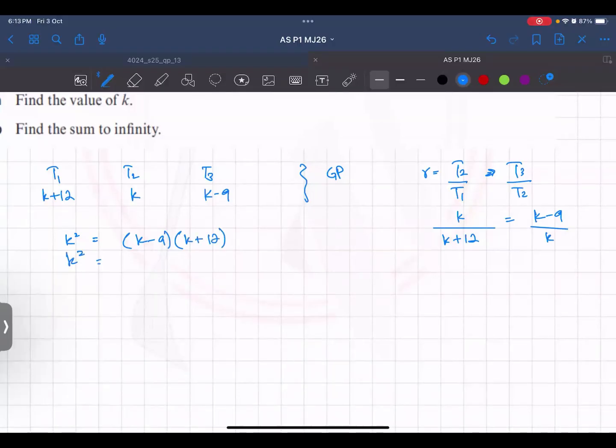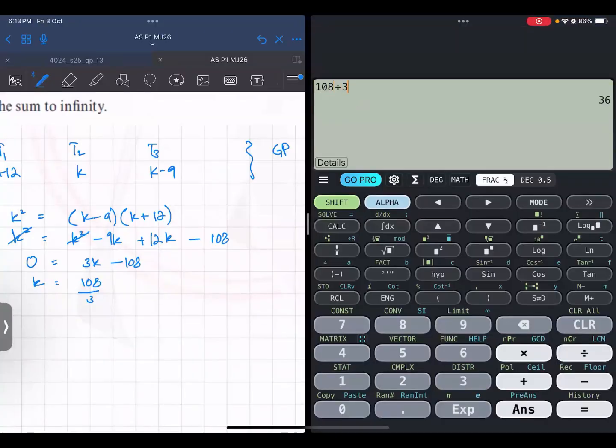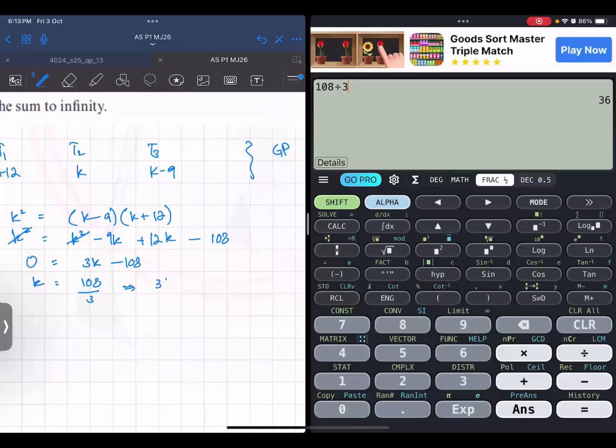Now I expand this: k squared minus 9k plus 12k minus 108. Now k squared cancels out, giving 3k minus 108. So k will come out as 108 divided by 3, which is 36.